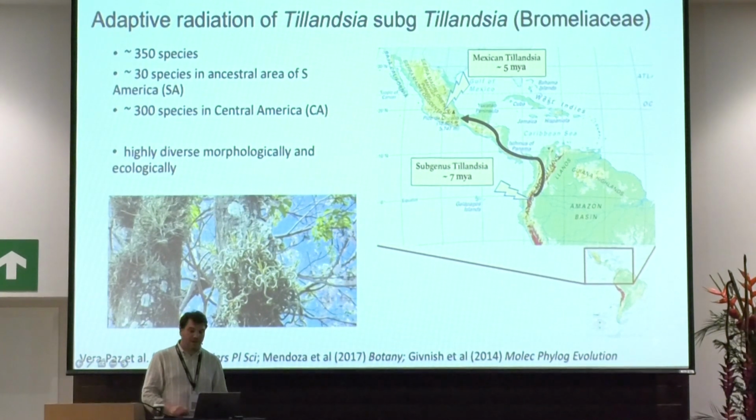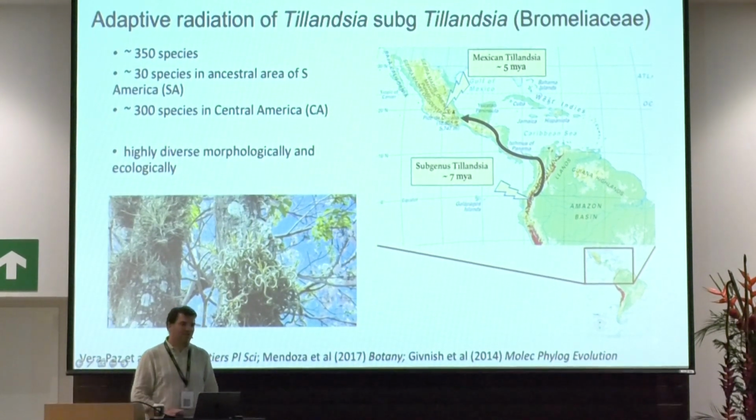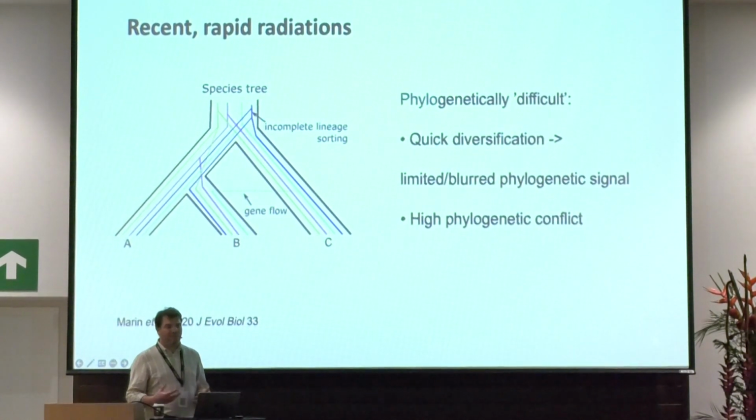Now, of course, the first step in working with any group is to understand very well their phylogenetic relationships and the evolutionary history. And in the case of rapid radiations or adaptive radiations, this may be difficult, right? Because these quick speciation events or quick diversification normally blur the phylogenetic signal.